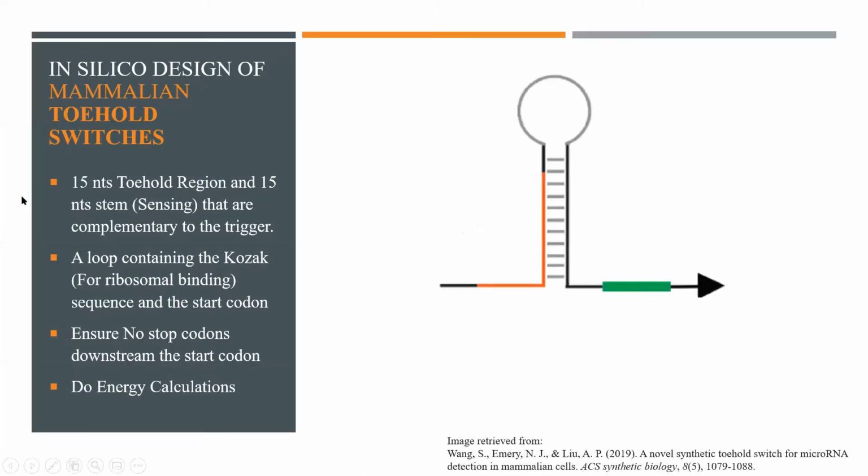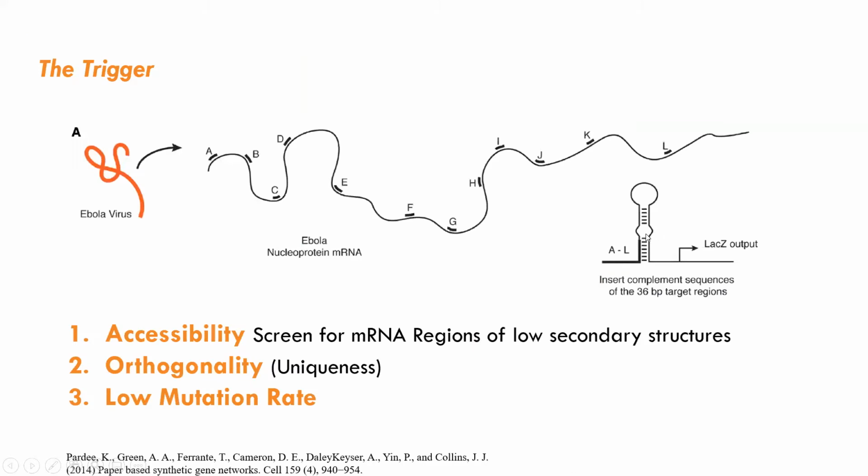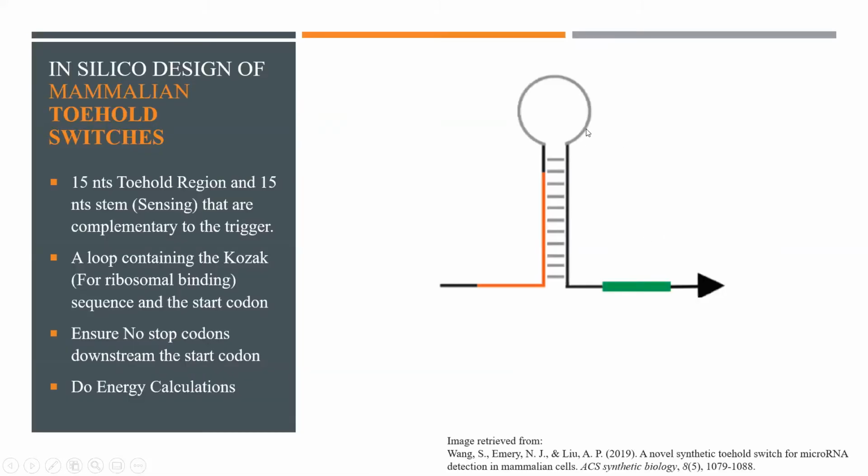Once you identify the trigger, you start building your toehold switch. The original toehold switch was designed to be expressed in prokaryotic systems or cell-free expression systems. But here we're making a few tweaks to make it suitable for expression in mammalian systems. One of the differences is that in the loop up here, you don't find the bulge of the start codon, because the ribosome binding site in mammalian cells is directly attached to the start codon, and hence you'll find them all in this loop.